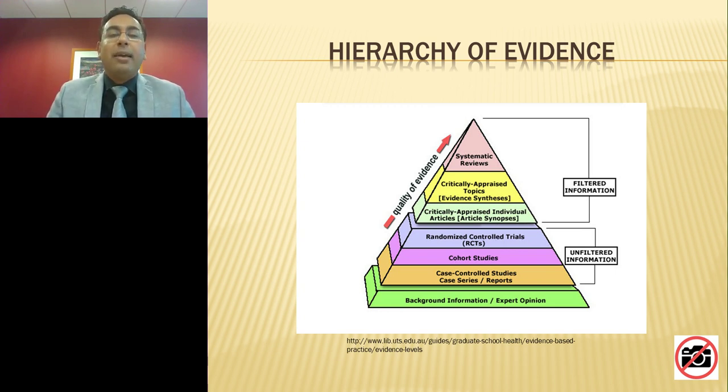You're reducing the biases, and you're able to pinpoint that the outcomes being reported can be traced back to the intervention or the testing we're talking about. Again, you will see different variations of this, but this is how the evidence progresses when it comes to the quality piece of it.